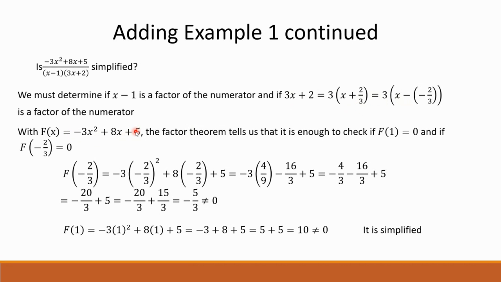By the factor theorem, it's enough to check, is f of 1 0 and is f of negative 2/3 0? Well, f of negative 2/3, you just plug it into the numerator. That is, you plug it in for x. Capital F, remember, f of x, that is the numerator. We get this, as you can see.